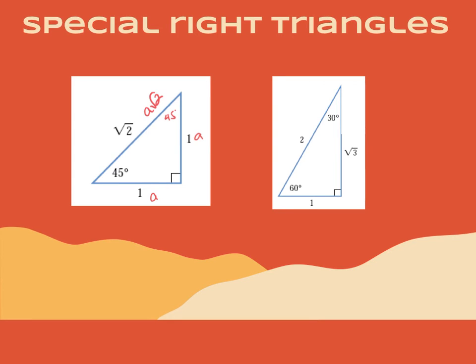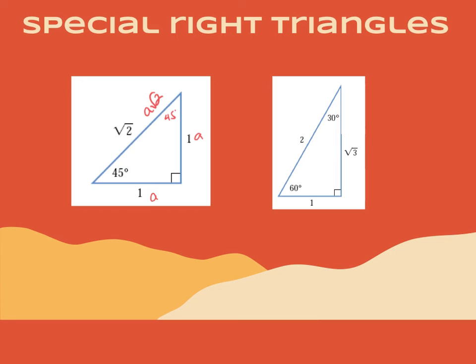Or any isosceles right triangle, because those are the same thing. Those are your relationships, A, A, and A root 2. Now the moment I put this triangle in my unit circle, it turns into 1, 1, and root 2. Because the radius is 1, so does that make sense? The x is 1. So is the y.